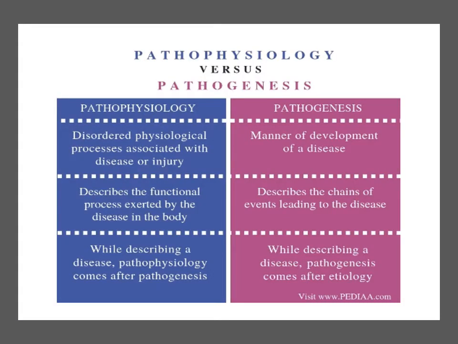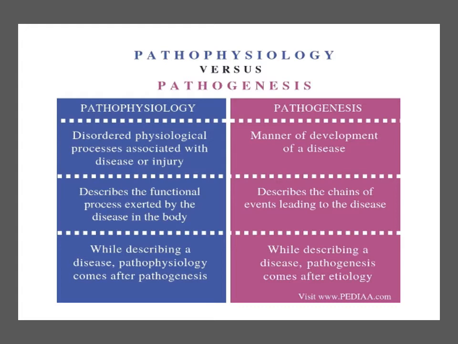Let's talk about some terms first before we get into specific topics. Pathogenesis versus pathophysiology. Pathogenesis is really how a disease developed. For example, if we're talking about asthma, how did asthma develop?